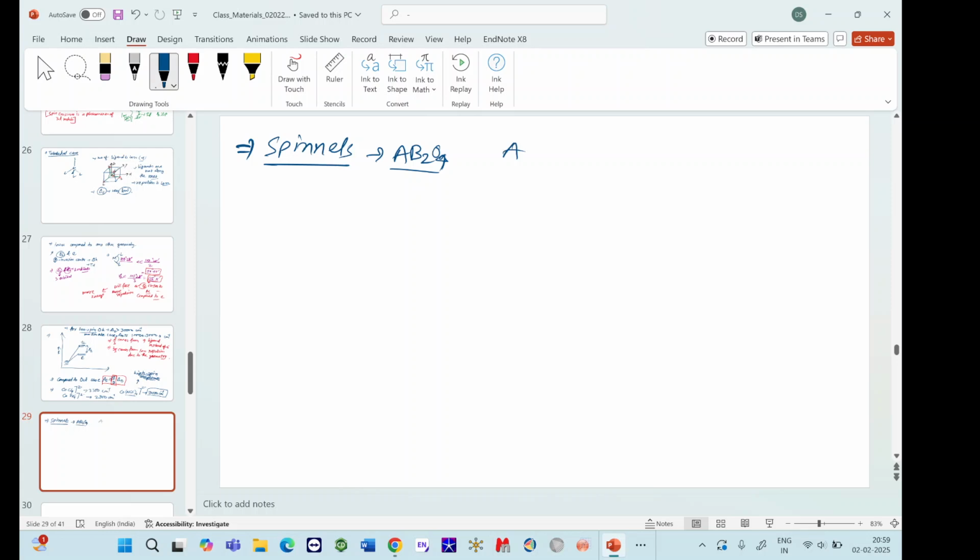So this A and B are metal ions, sitting in octahedral or tetrahedral cavities.